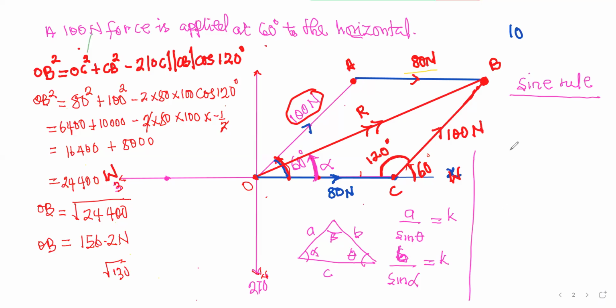If you take the remaining C over the sine of its opposite interior angle beta, it will also be equal to a constant.